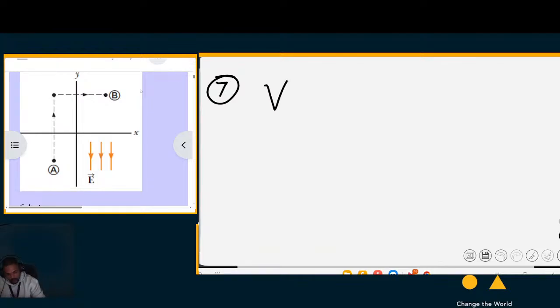We know that VB minus VA is equal to, using the formula we used earlier, the negative of the electric field dotted with delta R, the position vector between these two.